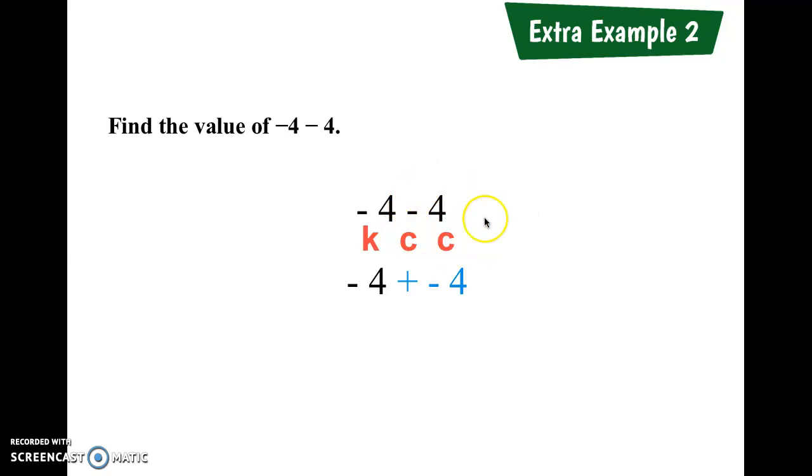The opposite of 4 is -4. So we have two negatives. Remember, when the signs are the same, you're just going to add those numbers. 4 plus 4 is 8. Keep your negative sign. Don't forget, you're writing all of this down. Your paper should look exactly like this. You need to have that problem on your paper.